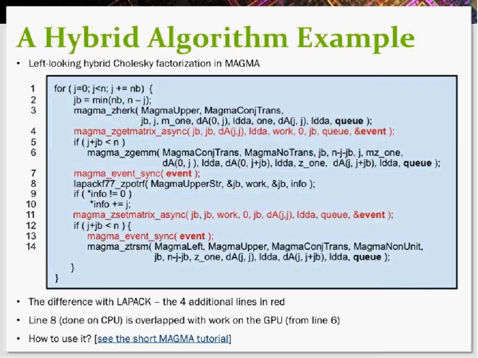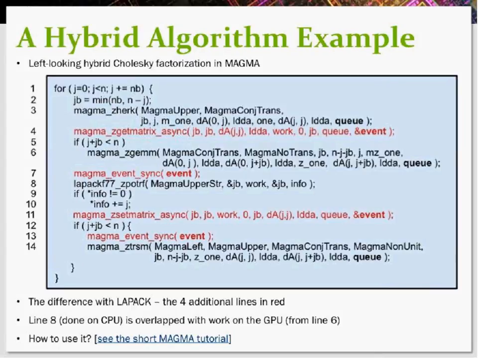The dgemm on line 6 is not finished, but control is returned, so it goes to line 7, and all this flows down on the CPU. Just when we call magma_dgemm, this is more like a request to the GPU to do a matrix multiplication. It's asynchronous, so the CPU goes on to line 7.